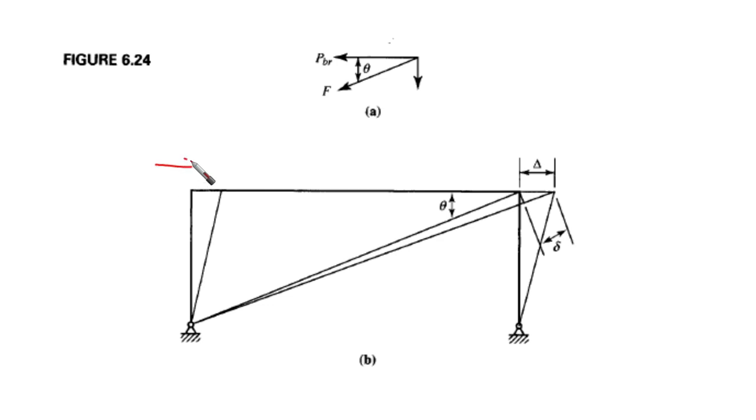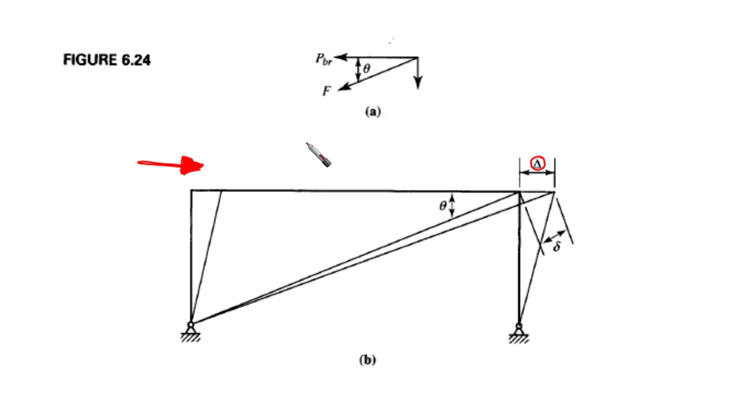And consider that the stability bracing is going to resist movement to the right, as you can see. This movement is going to be delta.